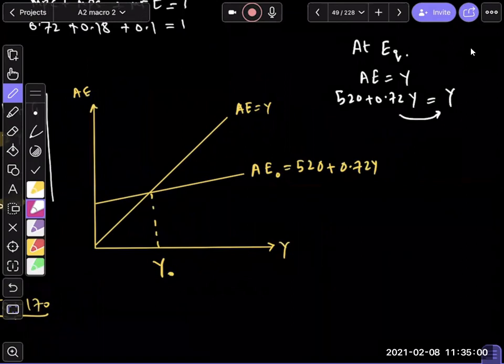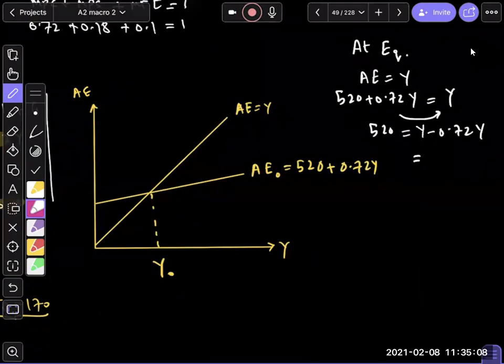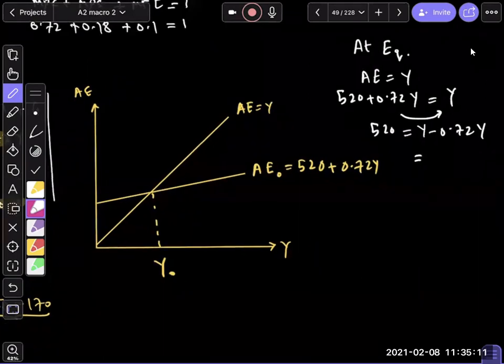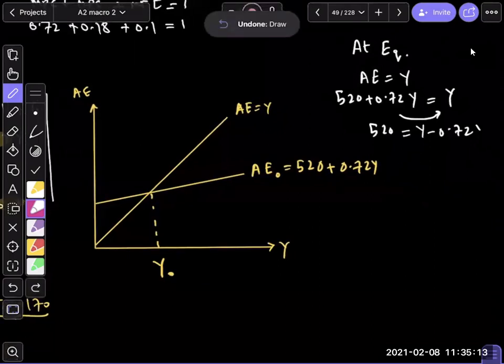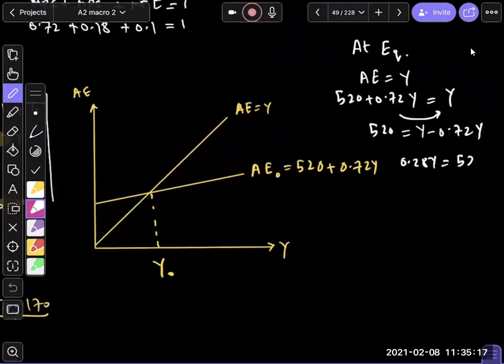Because this goes on that side, right? So 520 is equal to Y minus 0.72y. It becomes 0.28, shabash. 0.28y is equal to 520, or Y is equal to 520 over 0.28, which is 1857. Good job, Abdul Rahman. Y will become 1857.